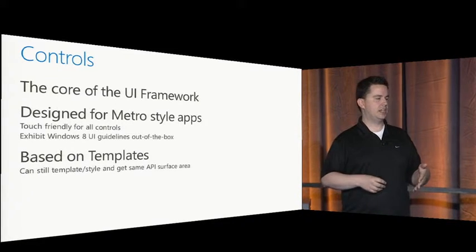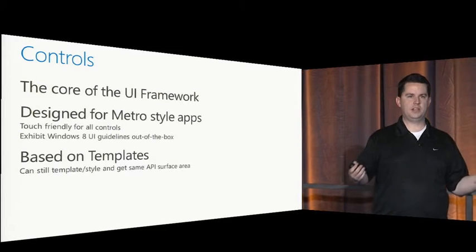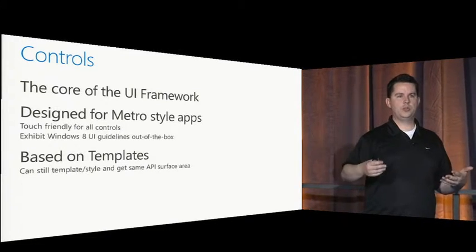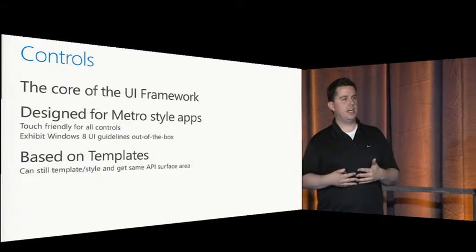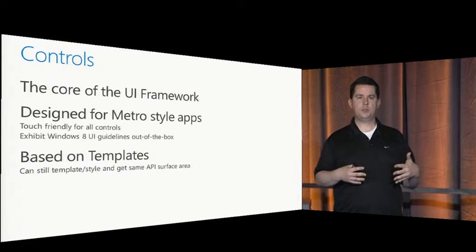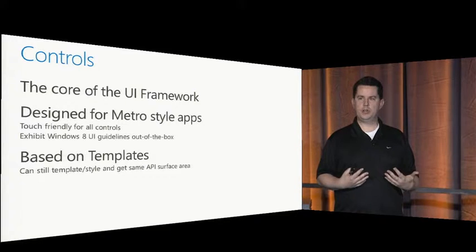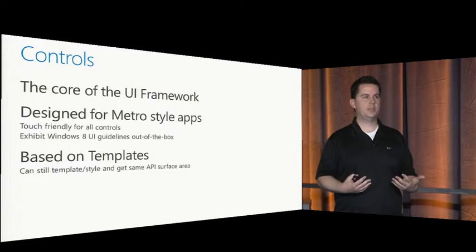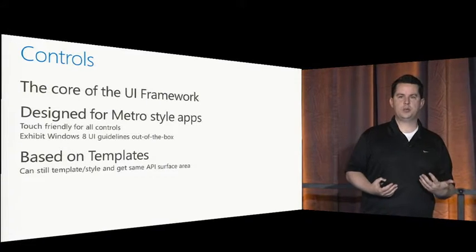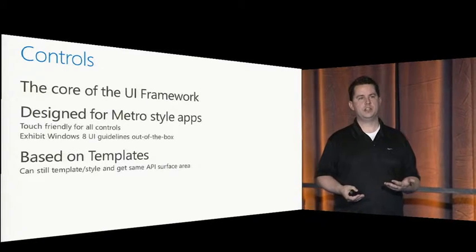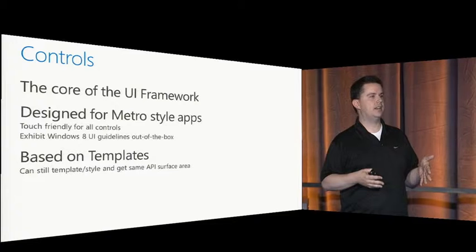Now, in something like Silverlight, we provide the default Battleship Gray, and you can do whatever you want with it and make it your own. What we've done in Windows 8, and the Windows User Experience team has come up with this personality about Windows 8 applications. What is a Metro-style application? It's touch-first friendly. It has a specific interaction model. It has specific animations. It has specific UI styling.